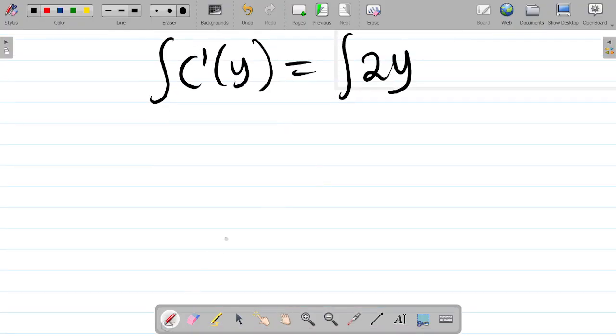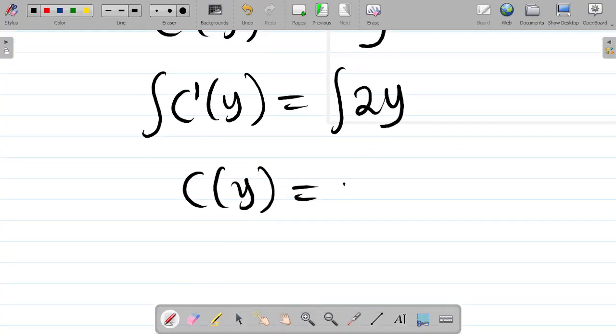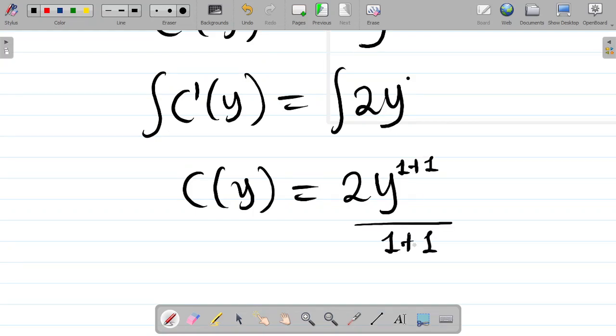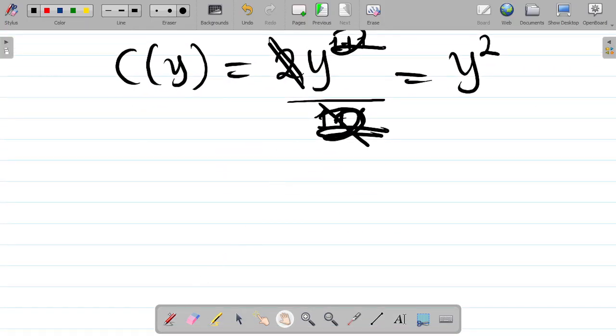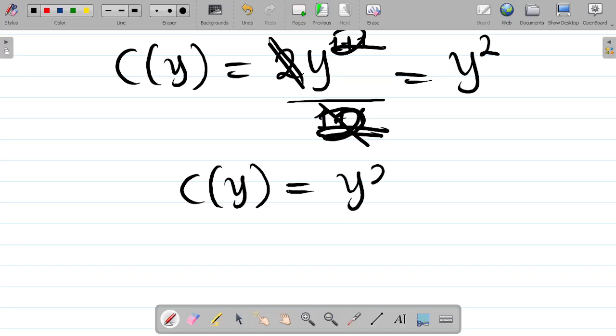If I integrate c prime of y, I will have c of y as being equal to, if I integrate 2y, add 1 to the power, that becomes y to the power 1 plus 1 all over 1 plus 1. Of course, this gives you 2y squared all over 2, such that 2 cancels 2, and that gives you y squared. That means c of y is equal to y squared.